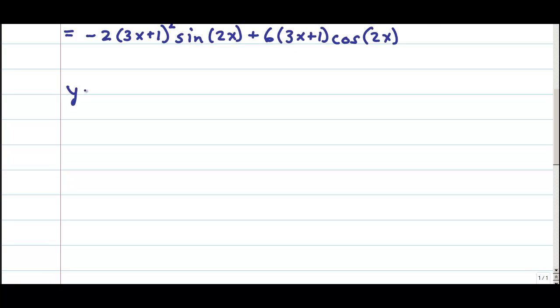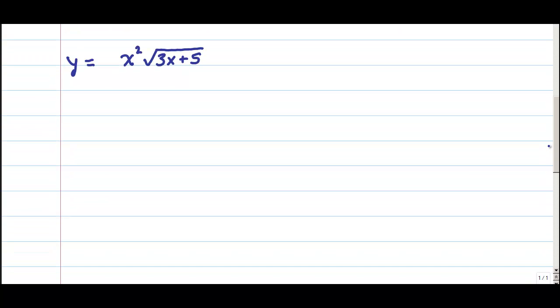Now, let's look at this one. Let's do x squared times the square root of 3x plus 5. I'm going to go ahead and write that as x squared times (3x plus 5) to the 1/2, just because we want to be able to use the power rule, and in order to use the power rule, we need to see what the power is.